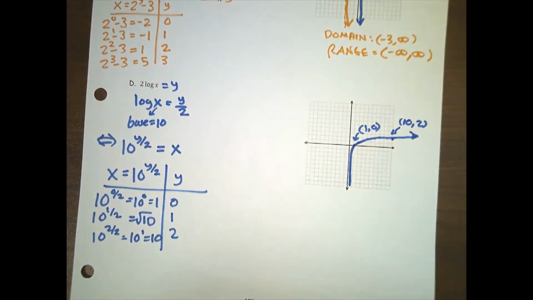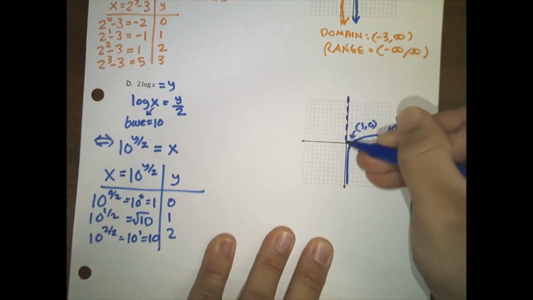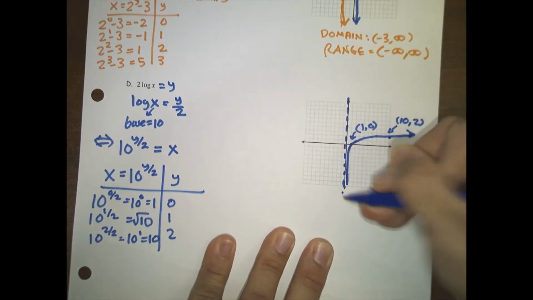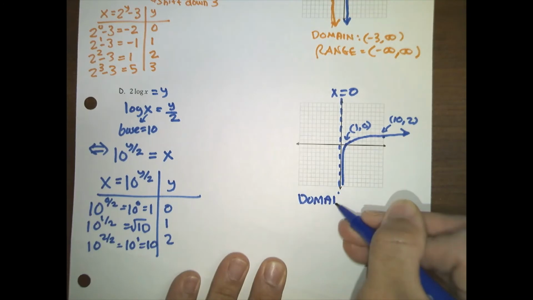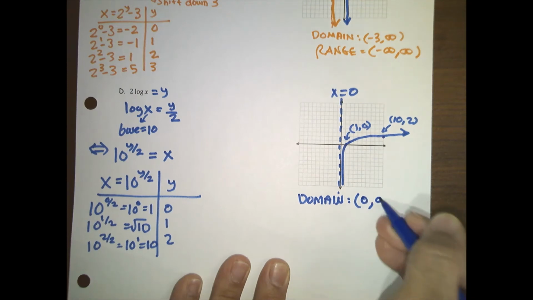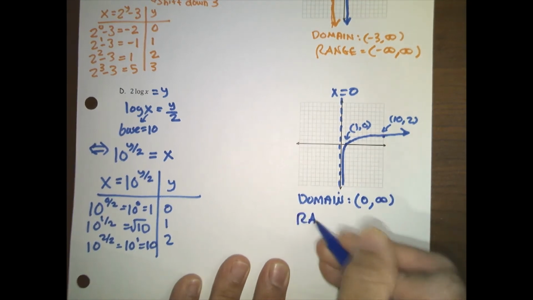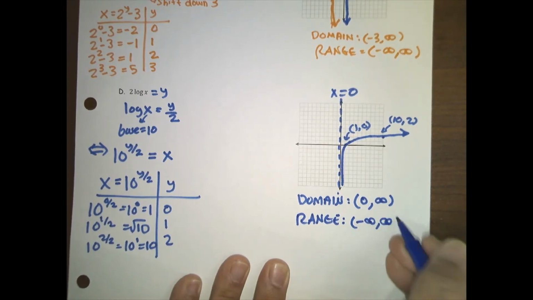And then I still have a vertical asymptote at x equals 0, and my domain is going to be all real numbers greater than 0, so 0 to infinity, and my range will be all real numbers, so negative infinity to infinity.